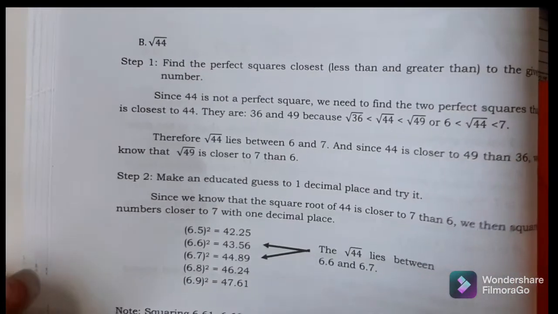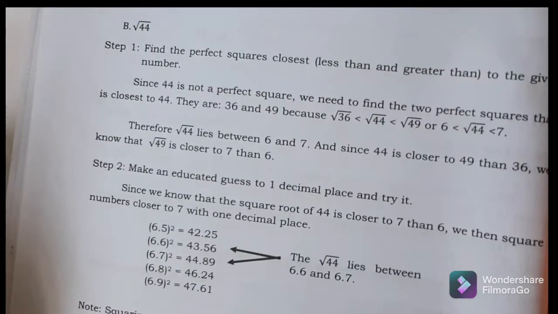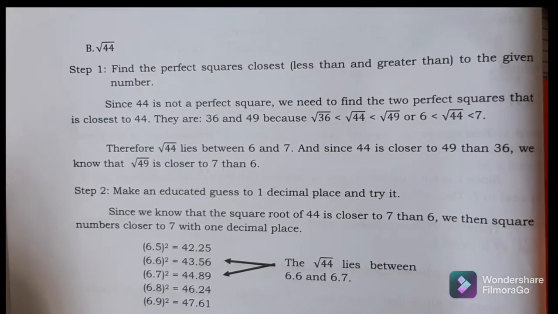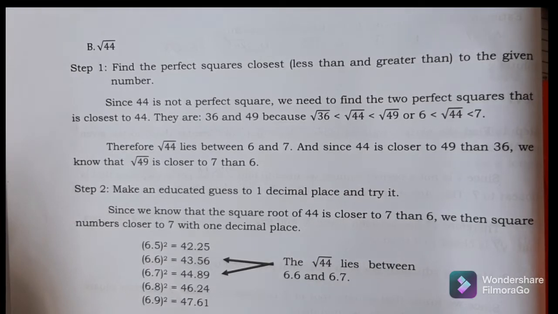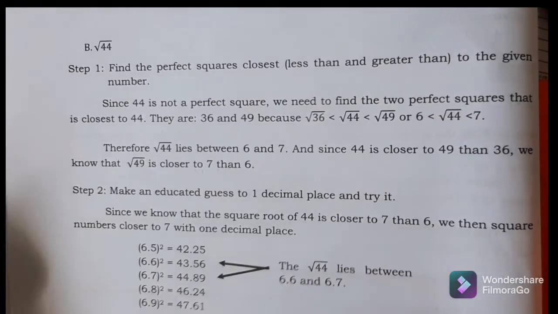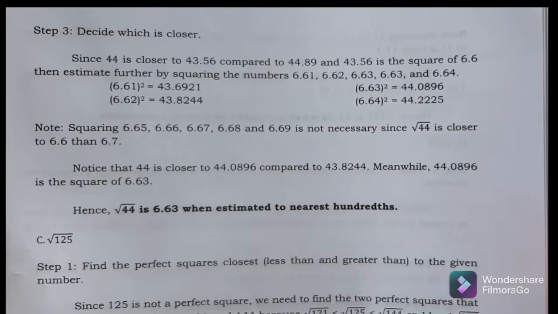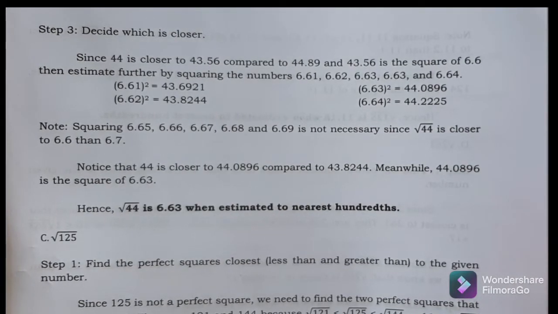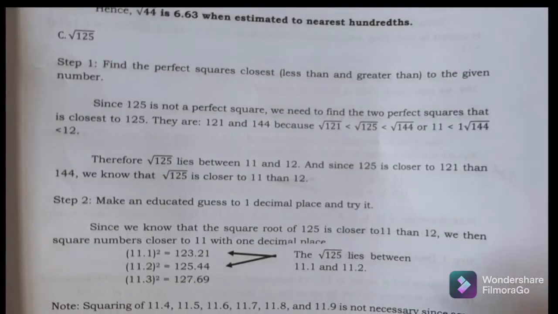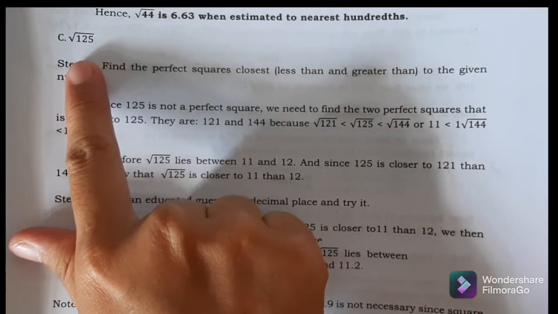Then, you may try to read also example number 2, finding the square root of 44. Step 3 for finding the square root of 44. Then another example, we have square root of 125.